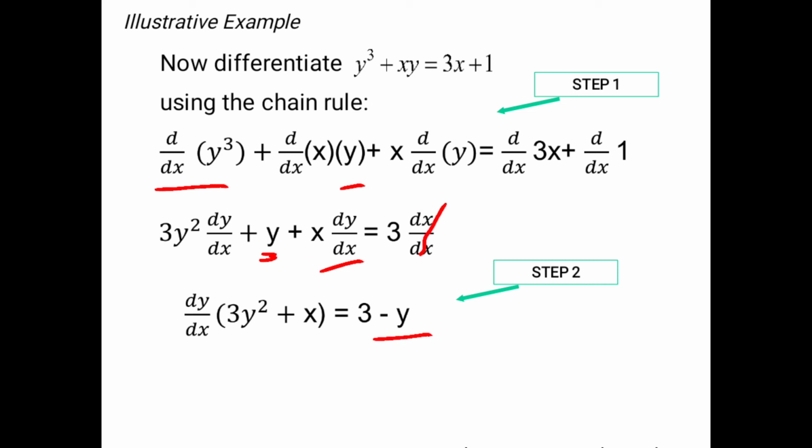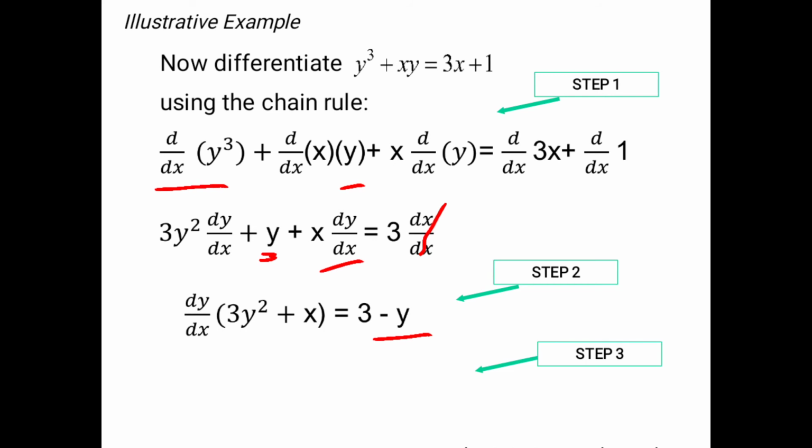So 3 minus y. So we collect all the terms with dy over dx at the left side of the equation, and then we factor this out. That's why we have dy over dx times the quantity 3y² plus x is equal to 3 minus y.